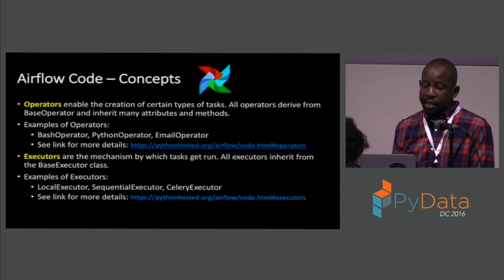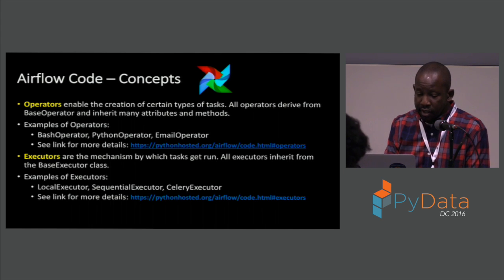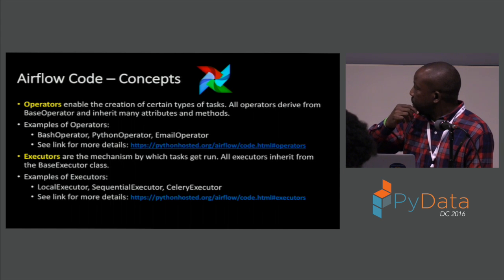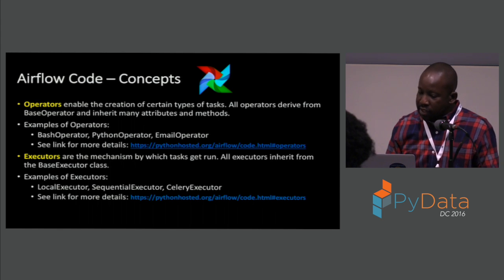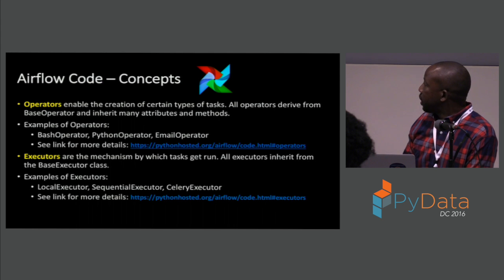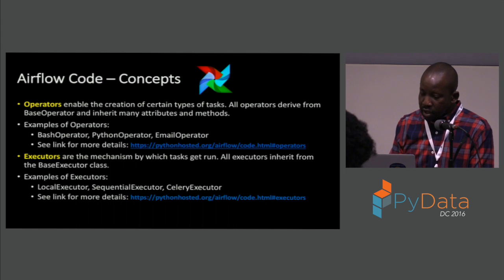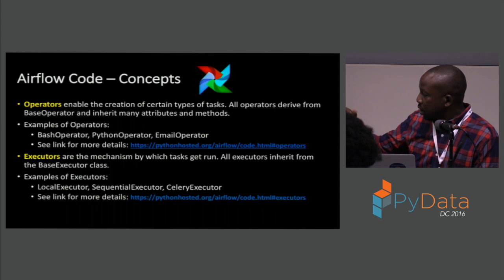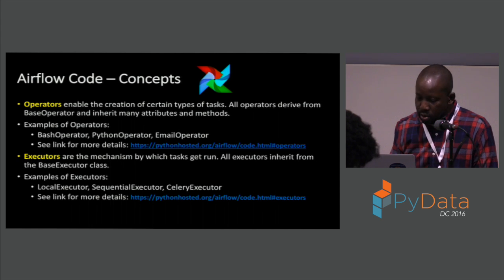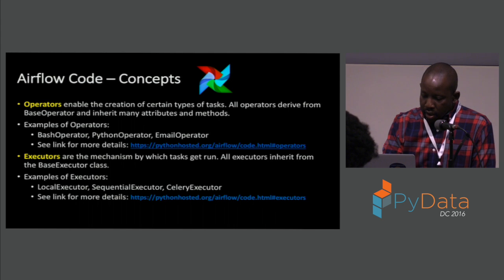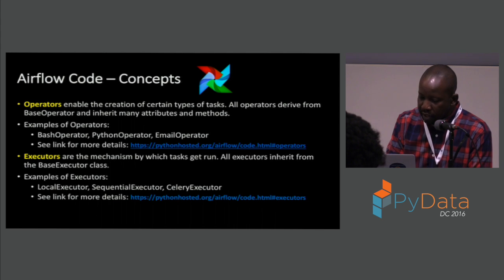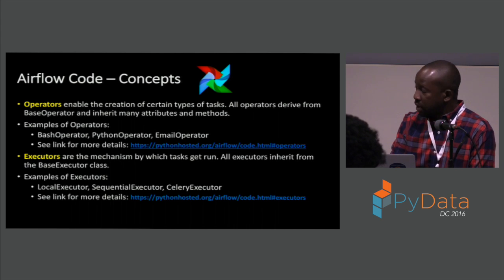Then executors are the mechanism by which you can run tasks. Again, there's a base executor class, and examples include the local executor, the sequential executor, and Celery, if you're using Celery as a task queue. There's also a Mesos executor. I haven't used it, but that's available. All of these are detailed in the docs.